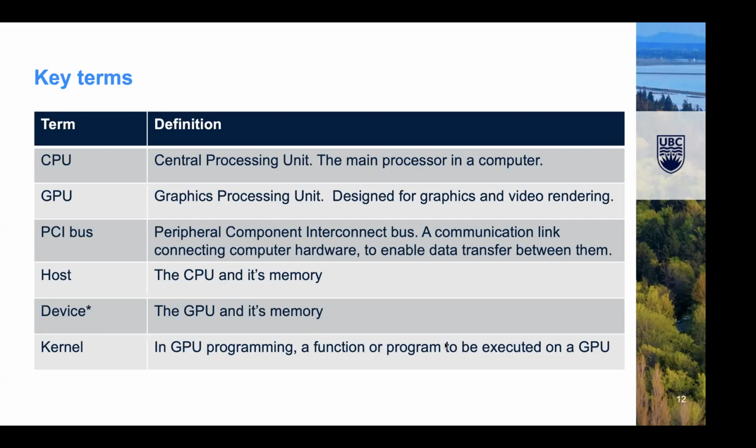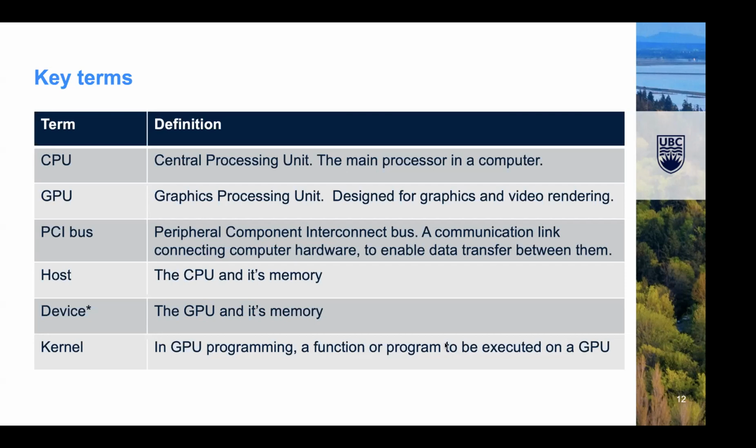Two other terms, which we'll also talk a little bit about, but which you'll also see a lot coming up in working with GPUs, are the host and the device. The host typically refers to the CPU and its memory, whereas the device refers to the GPU and its memory. I have a little star over device because this isn't 100% true.